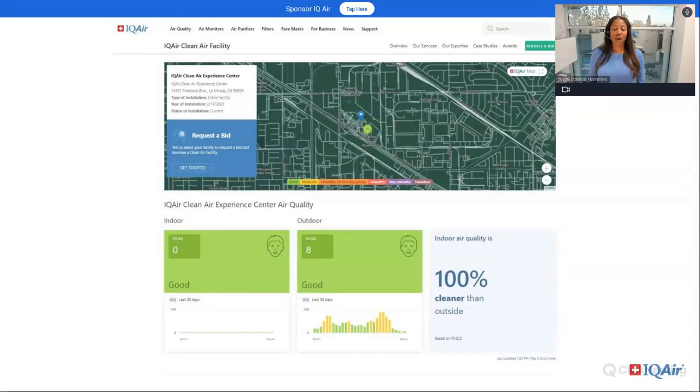So that is really how we're consistently comparing that. We're comparing inside air quality in terms of particulate matter to the outside air quality, and we engineer to really produce over 90% in terms of our level of cleanliness.